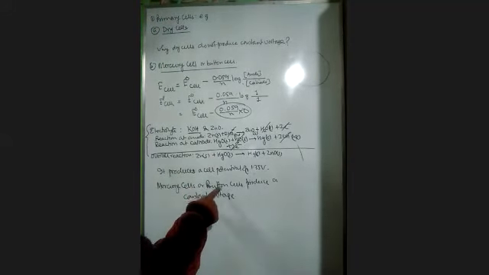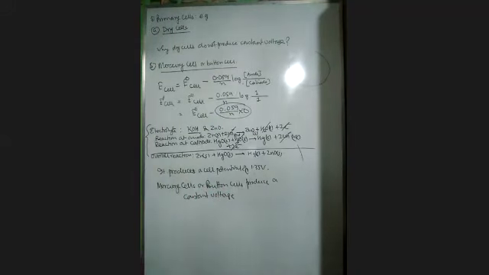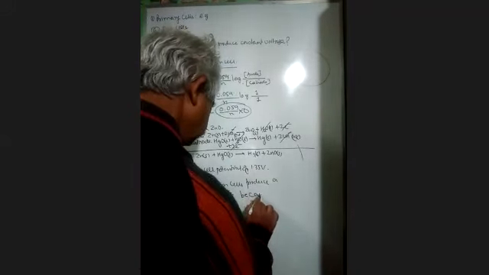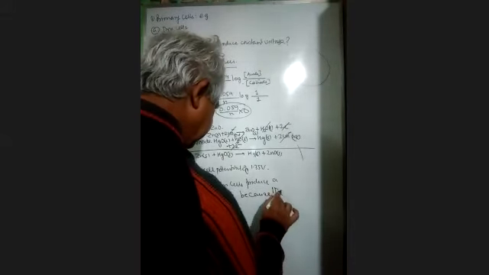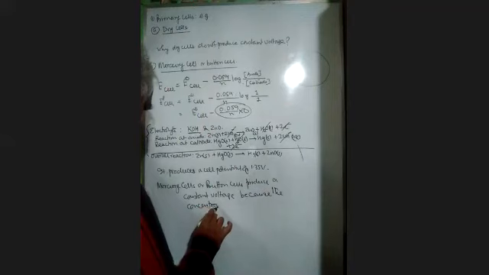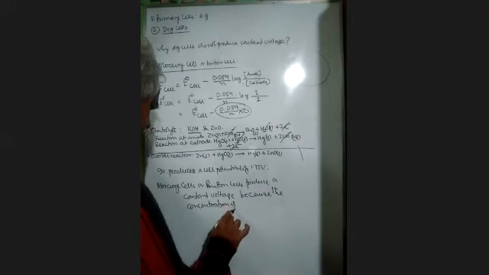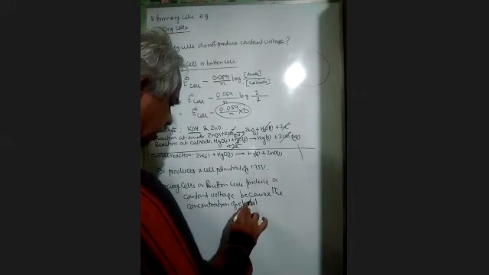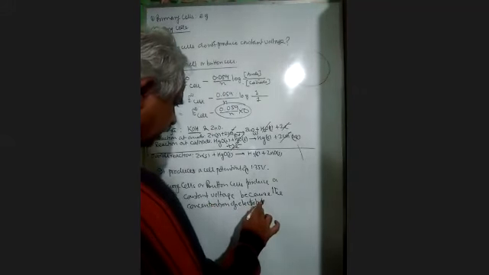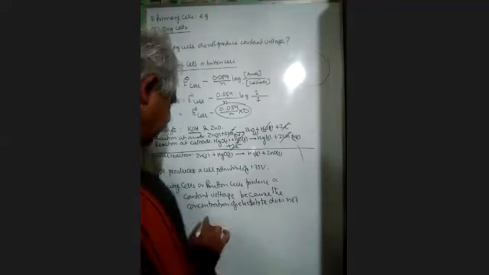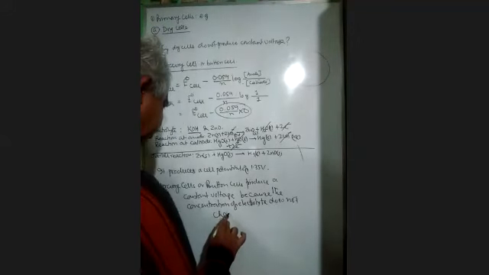Mercury cells or button cells produce a constant voltage because the concentration of electrolyte does not change. Finish. This is the most scientific way of explanation.